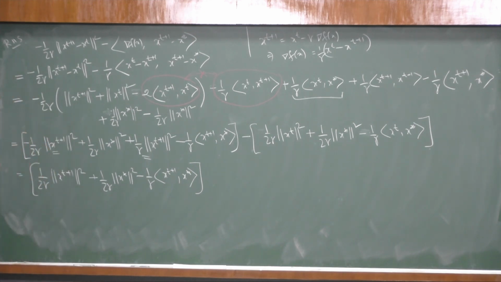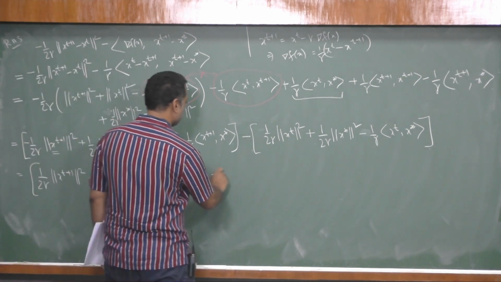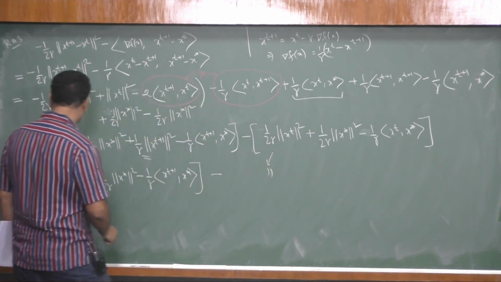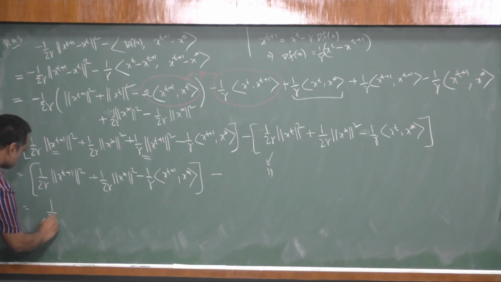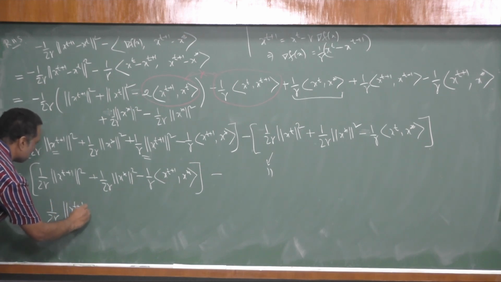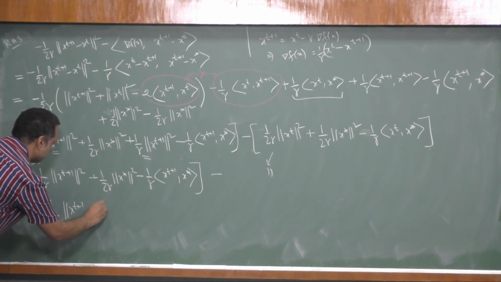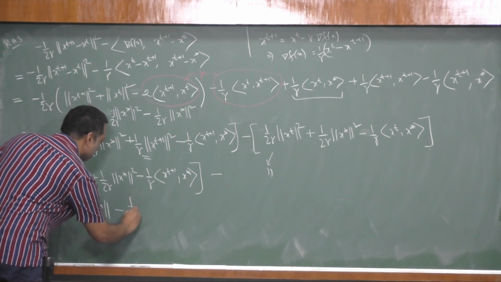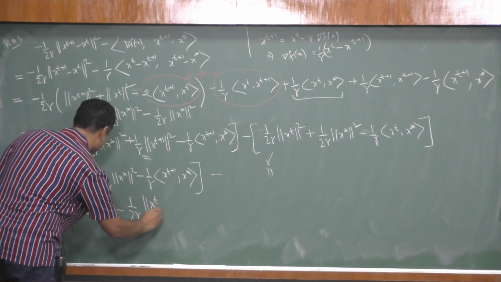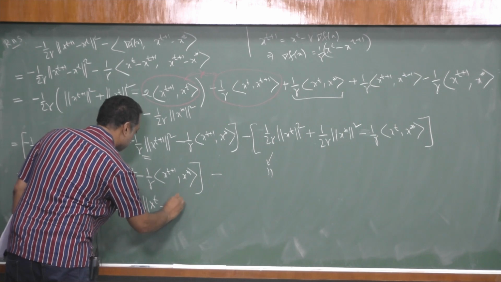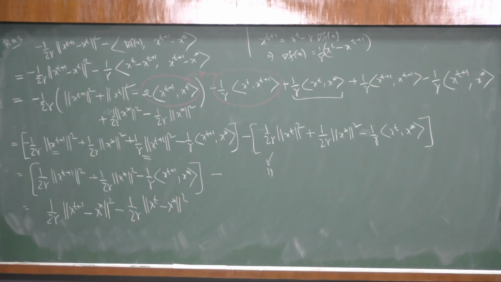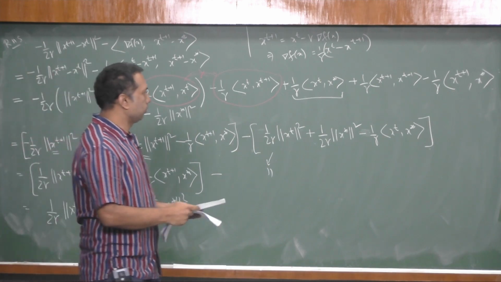I hope you can see. So there is plus 1 by gamma xt plus 1 and minus 1 by gamma xt plus 1. They get cancelled, and these were the only terms that were extra. And so this is fine, and this we copy like that, and now we eventually write the square term. So 1 by 2 gamma xt plus 1 minus x star, minus 1 by 2 gamma xt minus x star. So hence we have proved this, right?